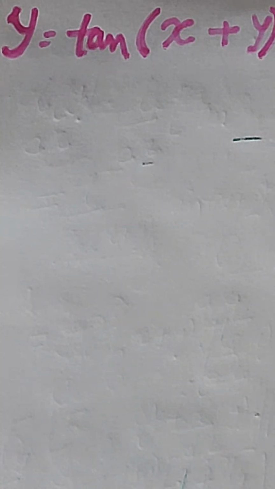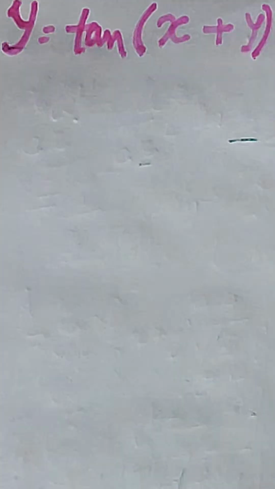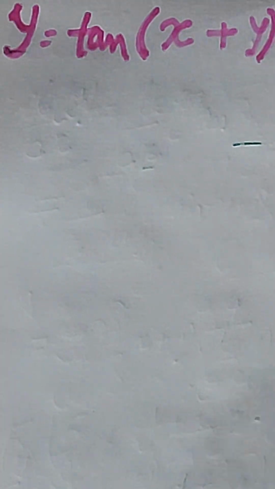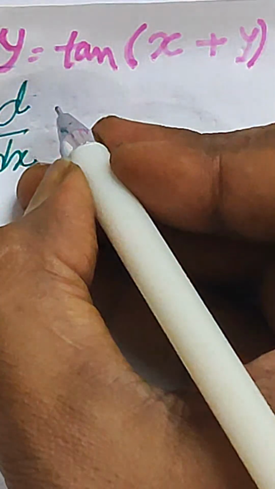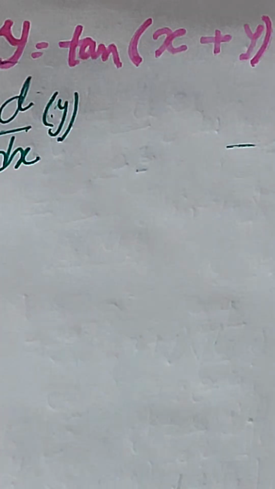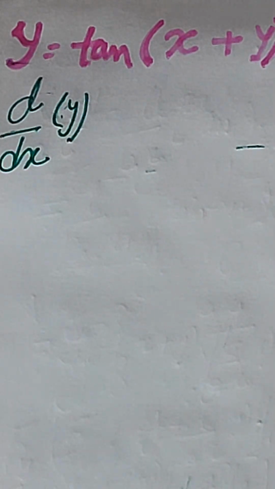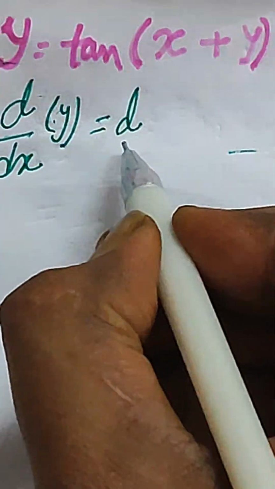Let us see. The y is given to you as tan of x plus y. This is y. Now we need to find dy by dx, so we need to differentiate this y. If we are going to differentiate this, then definitely d by dx will be applied to both the sides.